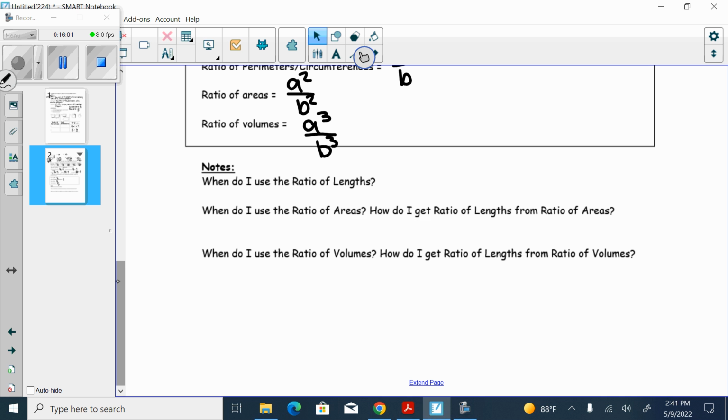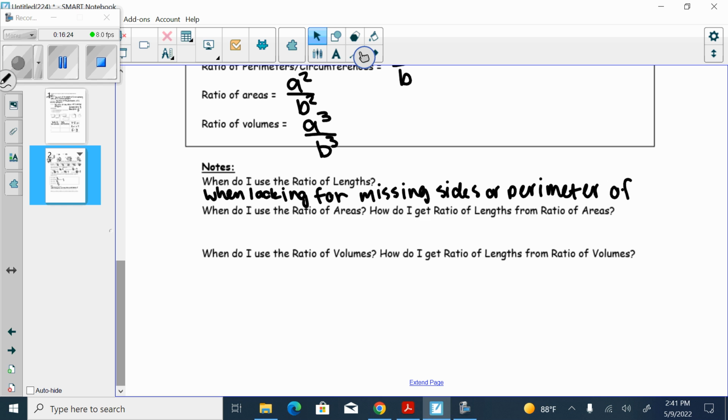So when looking for missing side or perimeter of similar figures. Remember, you can use this symbol to represent similar.